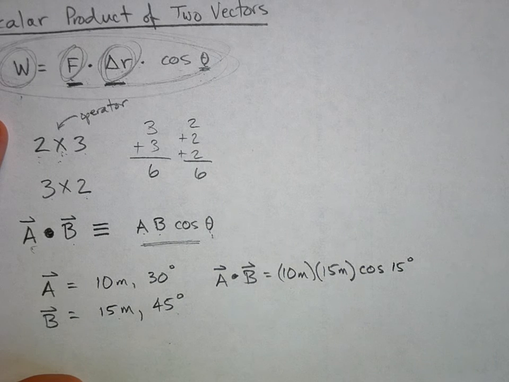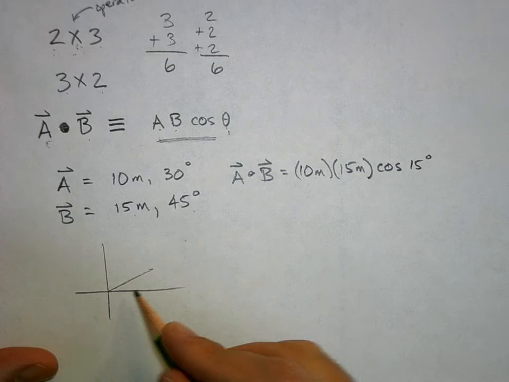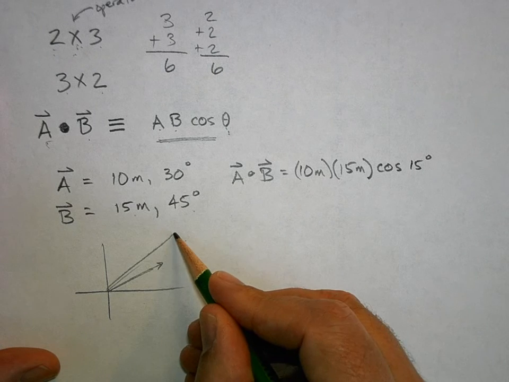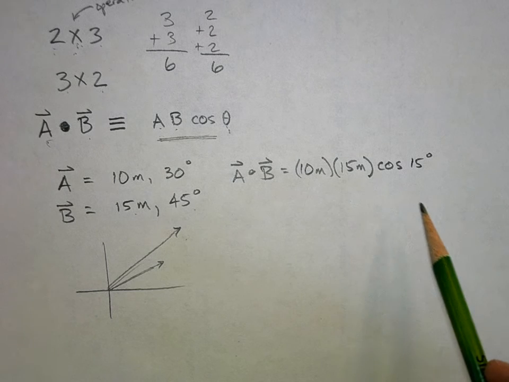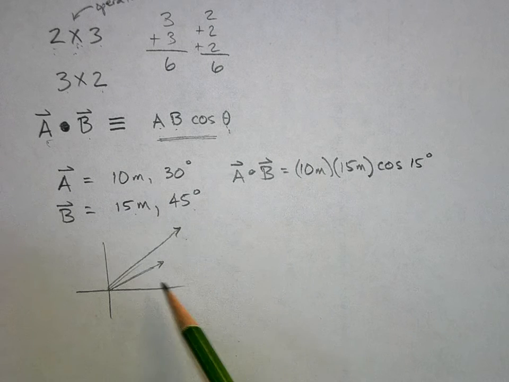If I was to draw a picture of it, here would be A, and then B would be like this. Now the cosine of 15 degrees is pretty close to 1, but not quite.